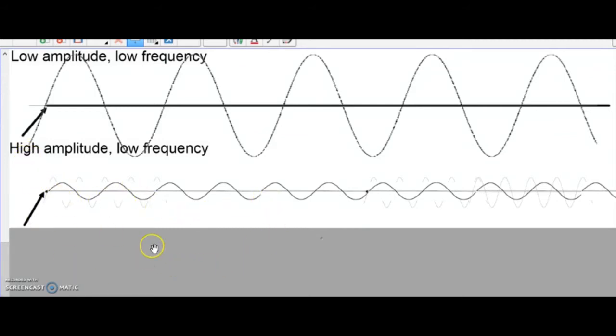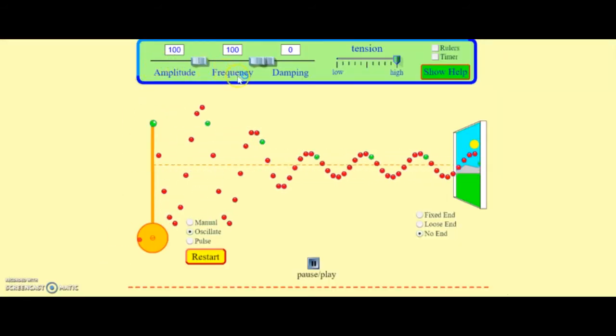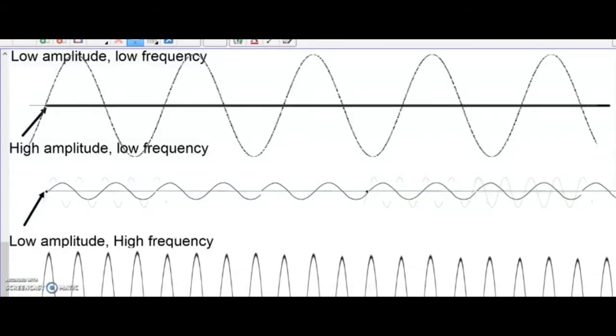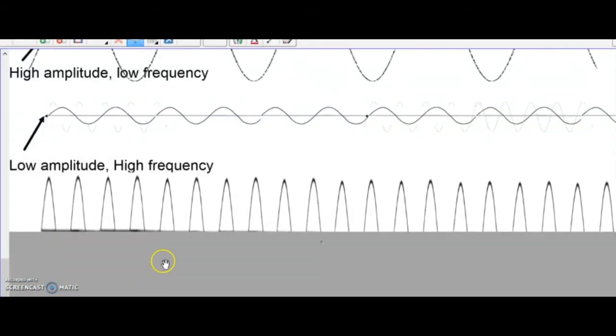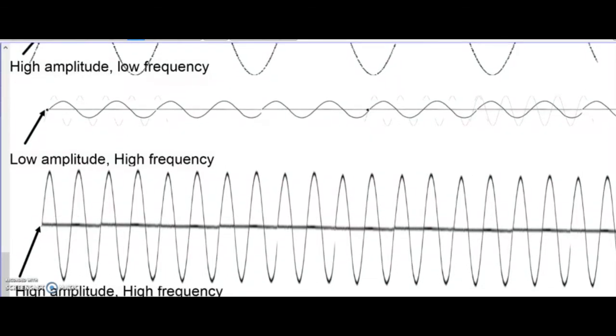Now, if we increase the amplitude of this wave, we take the amplitude up, that's what we end up with. That's our high amplitude, high frequency wave. Get those drawn in your notes, and we're going to move on to the next page.